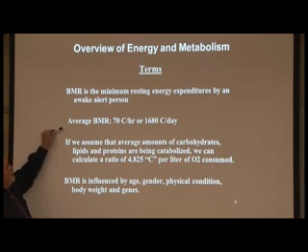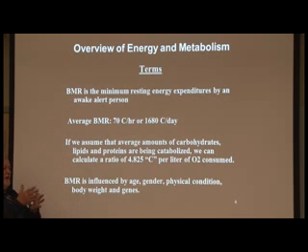The average BMR data is adjusted for gender and for age, but the pattern is that the younger you are, the higher your BMR. Men have a slightly higher BMR than women, and as you age, BMR drops, which is why it's easy to put on weight as you age, because your metabolic rate is dropping as your body isn't as good at making new cells all the time and doing its job.